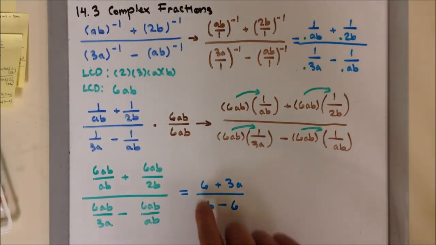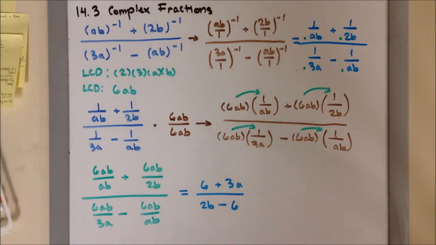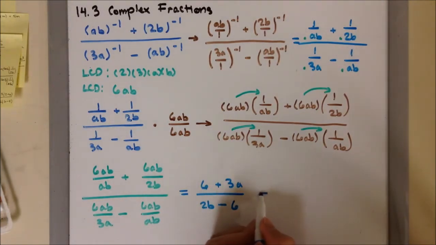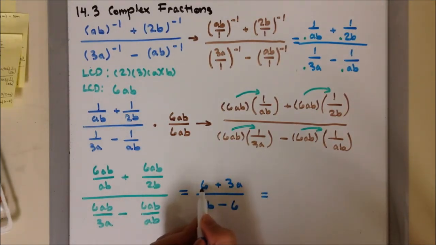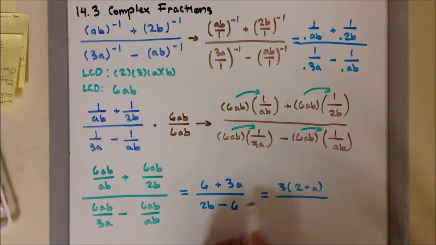As I'm looking at each part, there's nothing in common, so I can't really simplify. If I try to factor it out, the common factor between 6 and 3A is 3, and I will have 2 plus A. And then in the denominator, the common factor between 2B and the 6 is 2. When I factor that out, it's just B minus 3.